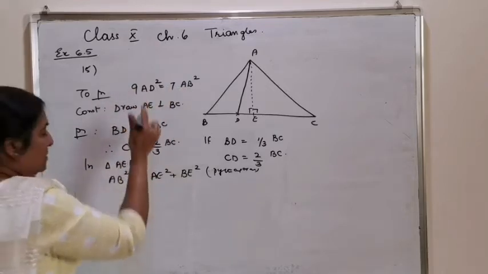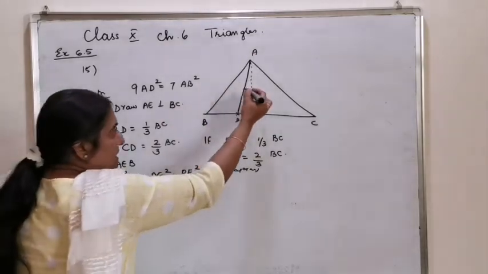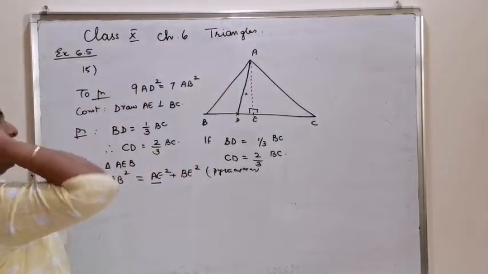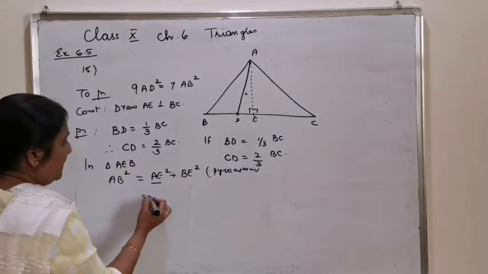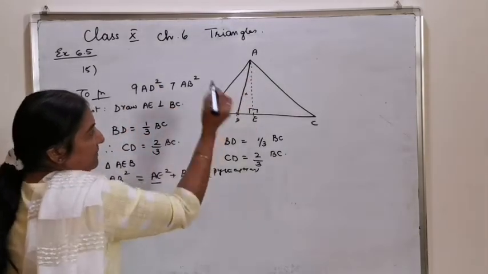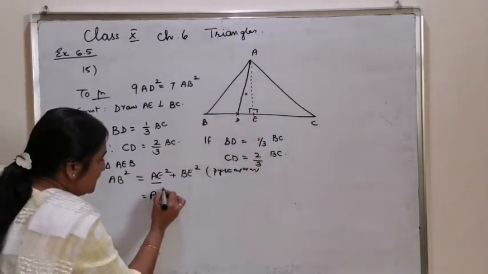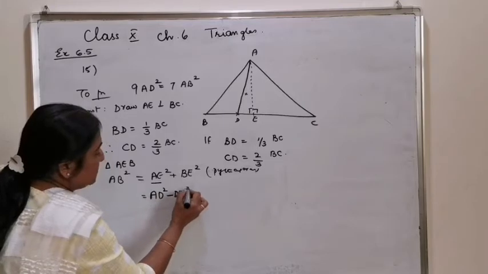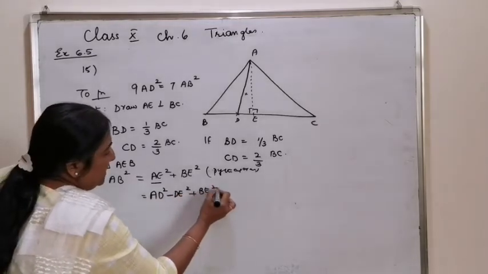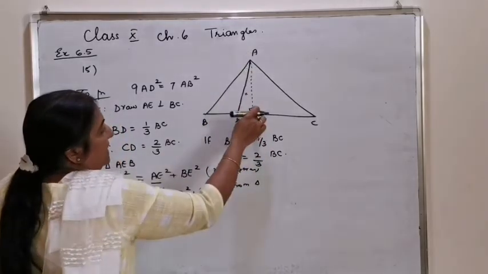So, the only possibility is to change AE square using the triangle AED, which is the same as AE square can be replaced as AD is the hypotenuse, DE is the base. AD square minus DE square plus BE square in bracket from triangle AED.